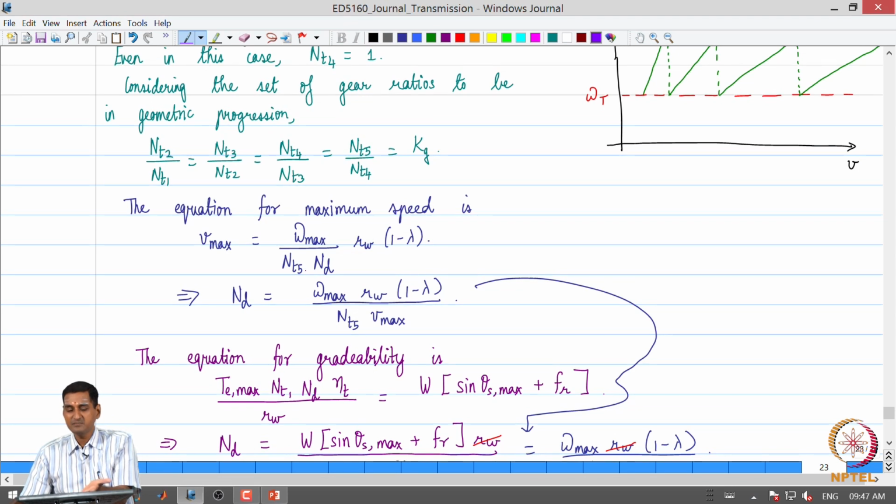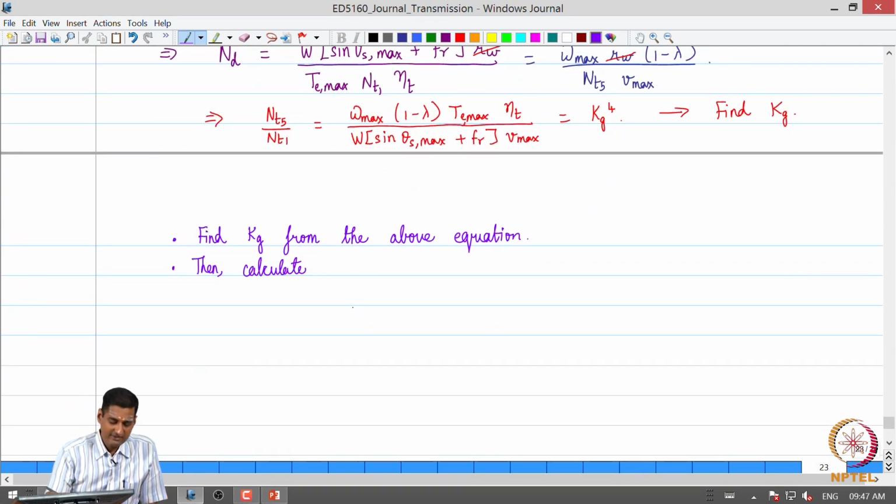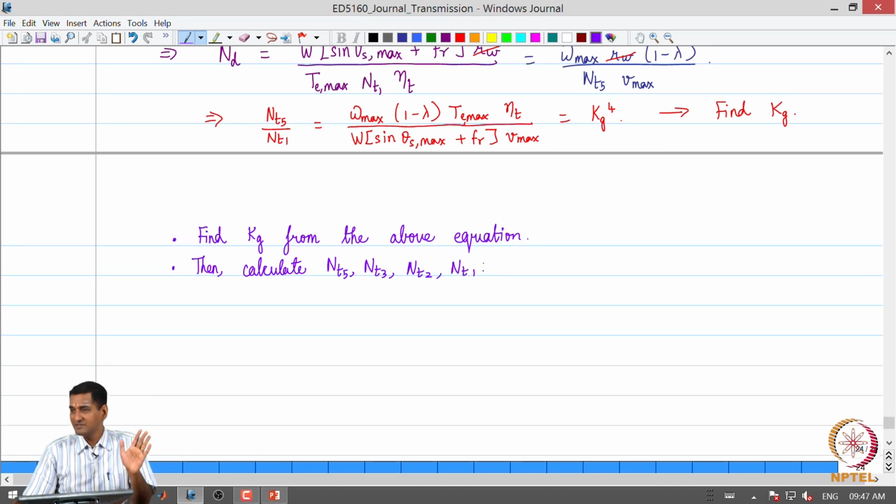Once I know K subscript G, then I can immediately calculate NT5 and NT3. Why? Because NT4 is 1. Once I calculate NT3, I can calculate NT2. Once I calculate NT2, I can calculate NT1. So, I am writing in this sequence NT5, NT3, NT2, NT1. The reason I am writing in this sequence is clear to all of us, because we have NT4 and Kg, we go in the sequence.